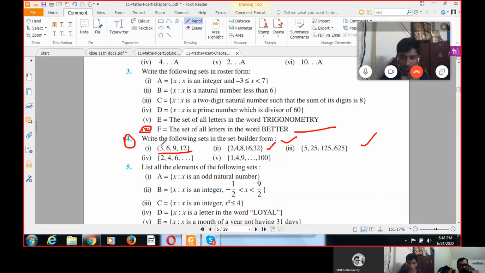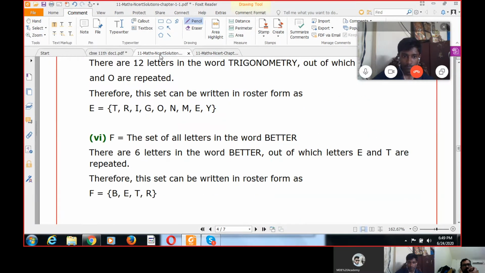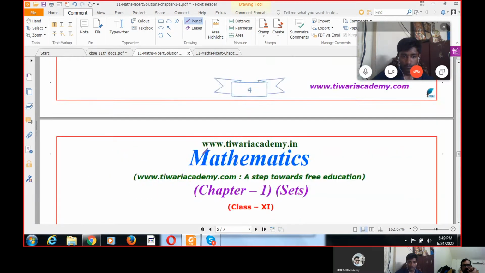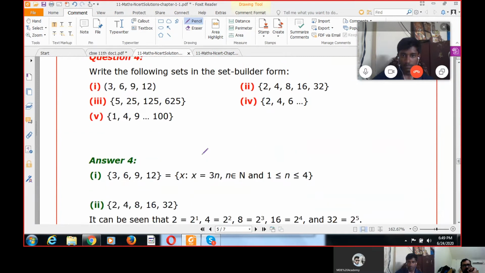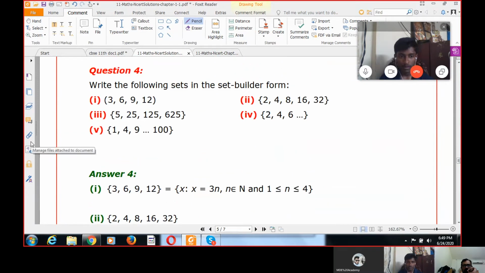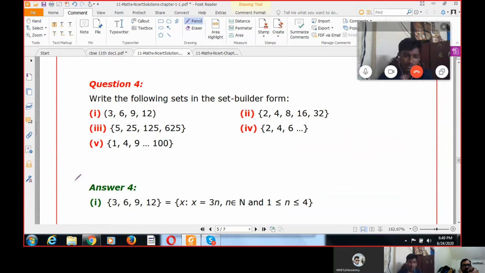Okay, so 3, 6, 9, 12. How will you write this? What is the given form? The given form is the roster form. Actually, see the statement.